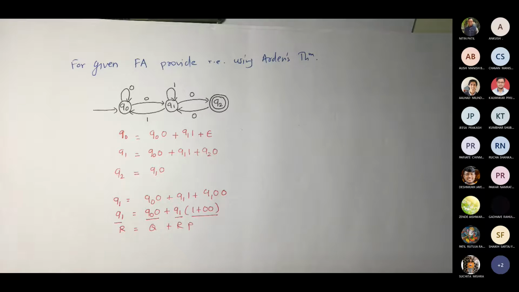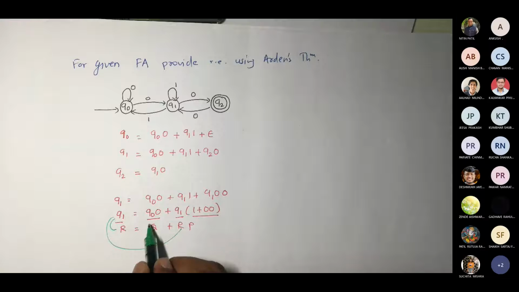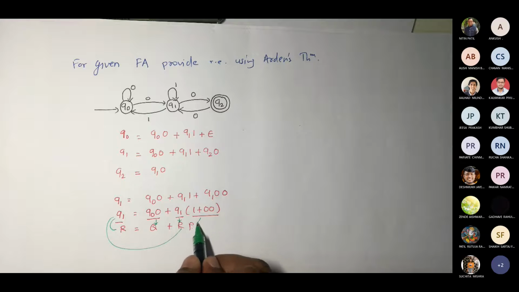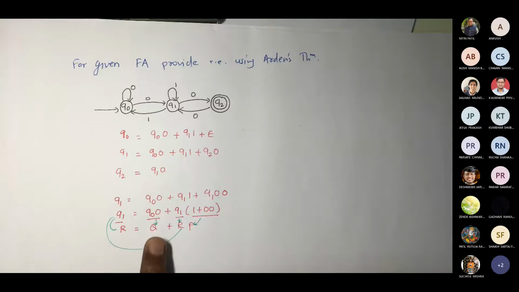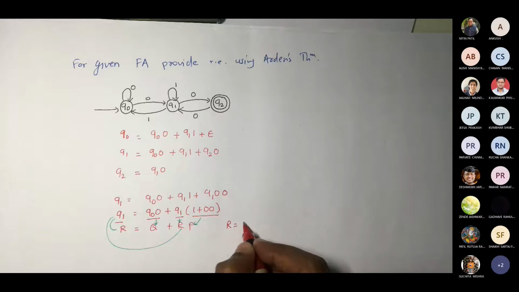This is R, completely Q1. And what is the solution for this equation now? As per our definition, if R equals Q plus RP, then the solution is R equal to QP star. Is that fine?